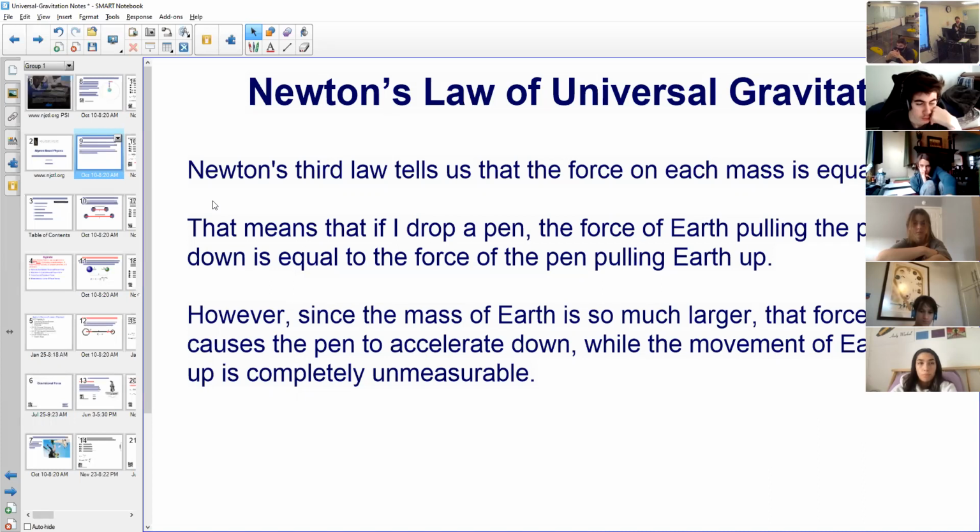So if we use Newton's second law to help understand Newton's third law, that mathematically makes sense. The pen has a very small mass, a very small m, and the Earth has a huge mass, so a huge m. Therefore, the pen's acceleration will be huge, and the Earth's will be minuscule. That's the idea here, just a reminder of that concept.